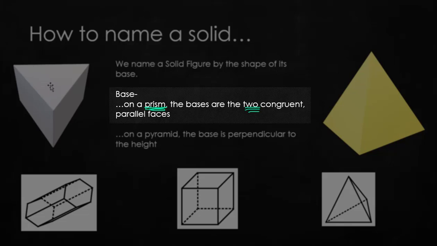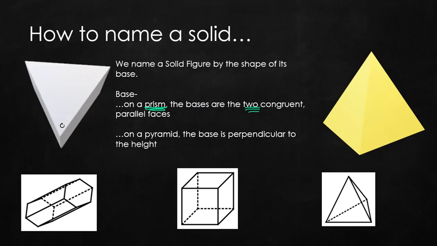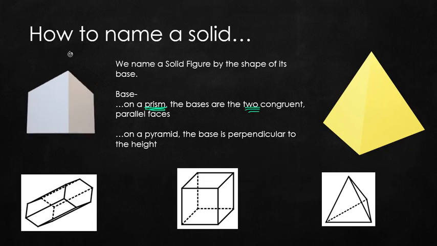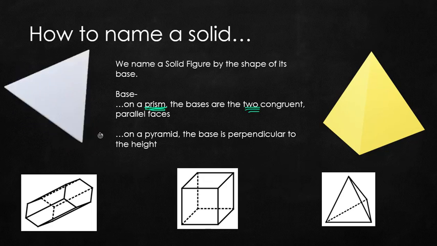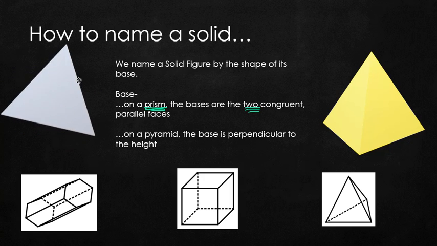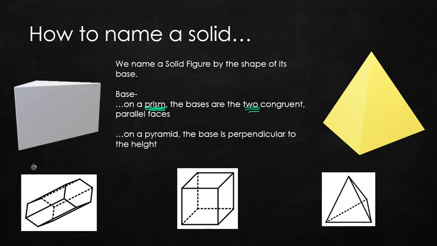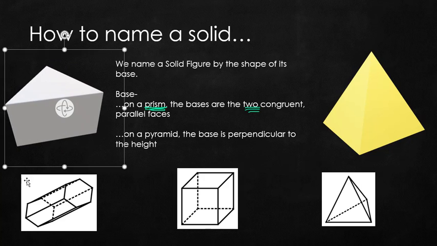So here you see a triangular prism. There's one triangular base, there's one triangular base. And I'll try to turn this so you can see it has two parallel faces. So a prism is going to have two parallel faces, and that's really, really important.